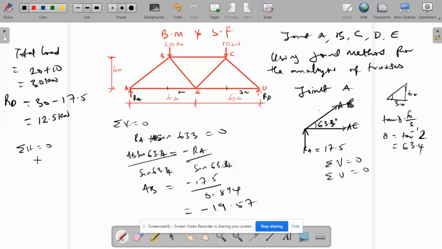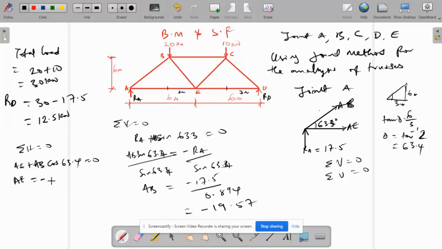So for the horizontal forces, we have AE and we have AB cos 63.4. So for horizontal forces, we have AE plus, because if you resolve this, they're pointing towards the same direction, plus AB cos 63.4 equal to 0. So AE is equal to AB cos 63.4, we already have AB.